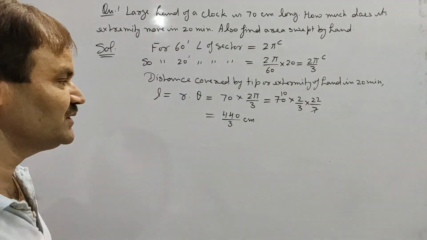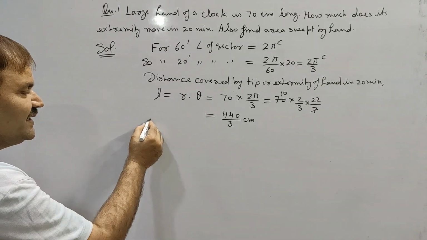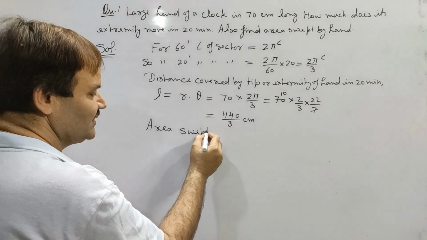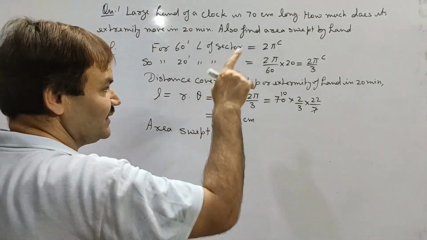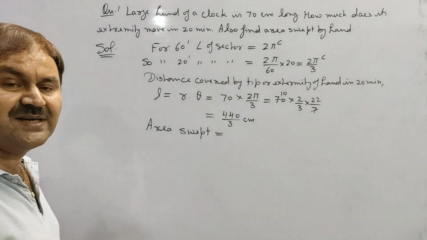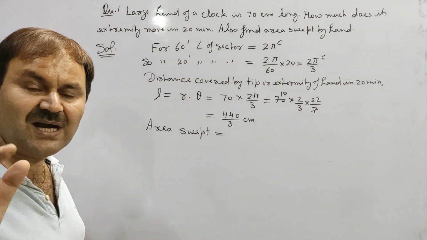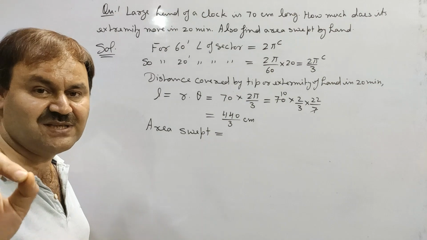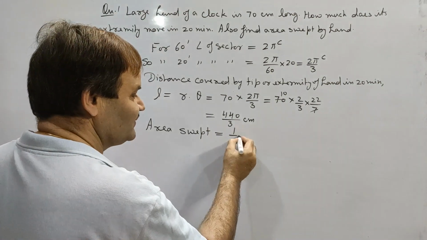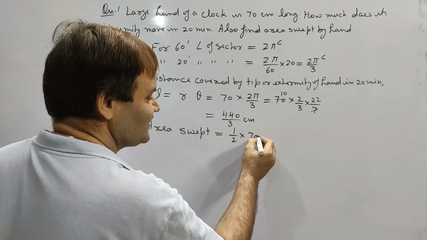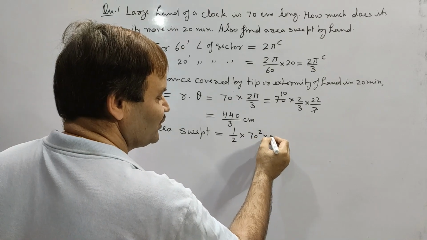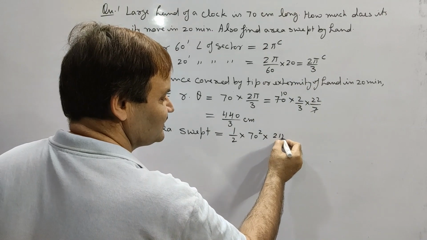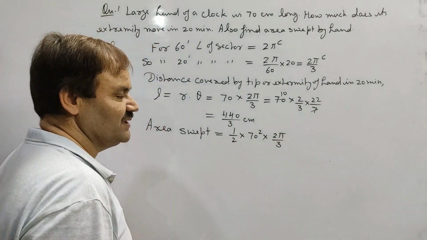If we want to find out area swept by larger hand, then area of sector is half r square theta when angle is in radian. So half r square means 70 square into theta, and theta means 2 pi by 3 radian.